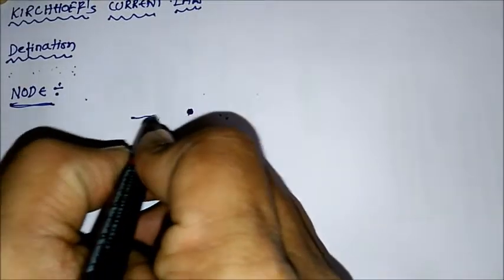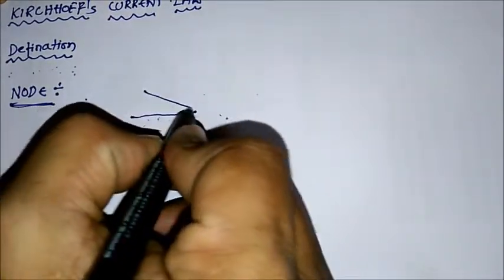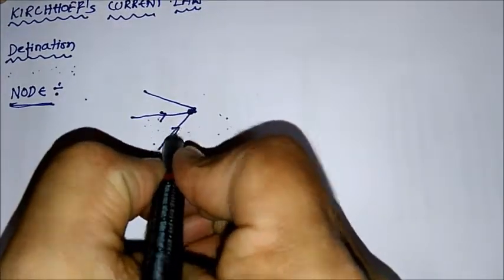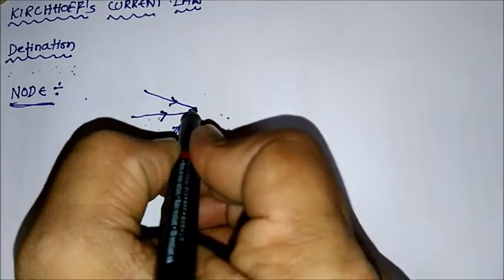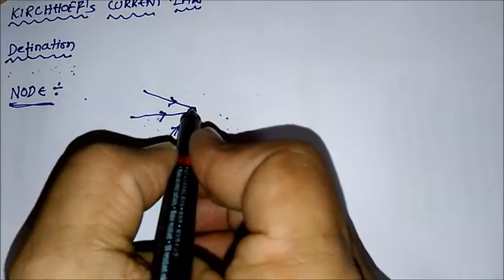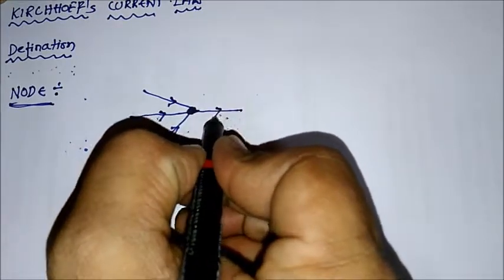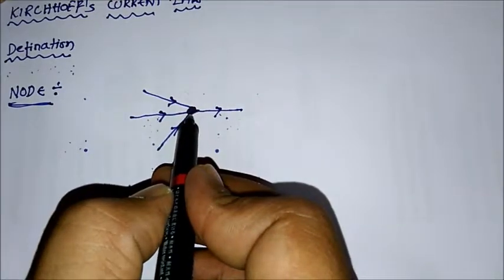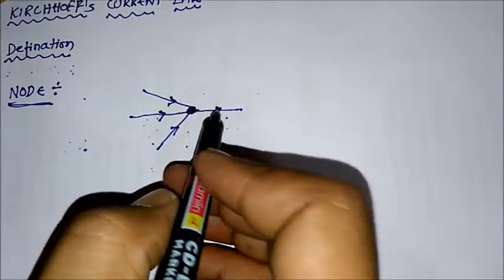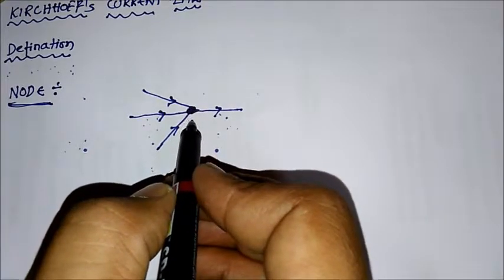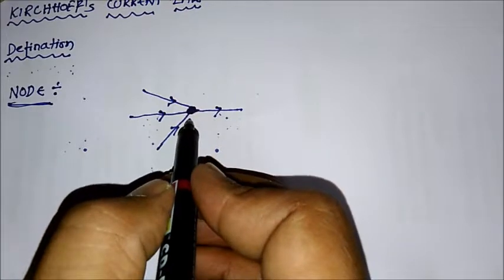This is a point where 1, 2 and 3, let us take 3 examples, three branches are entering. That point is called a node. A point where two or more branches meet together forms a node. That is how we define a node.